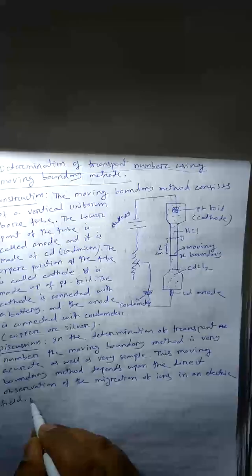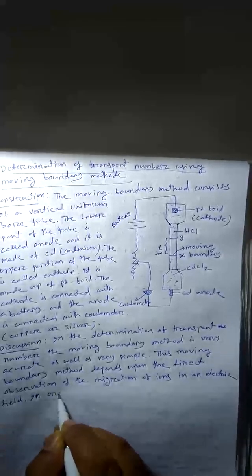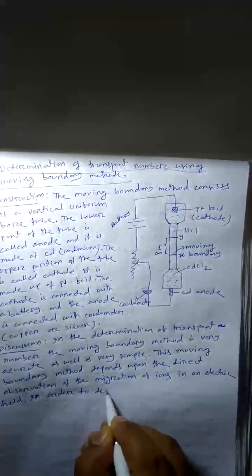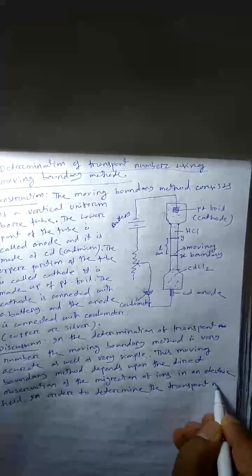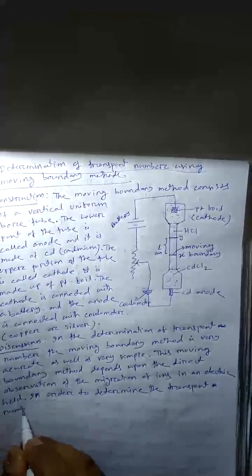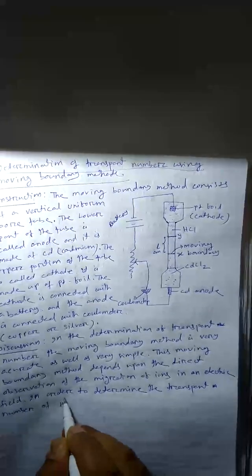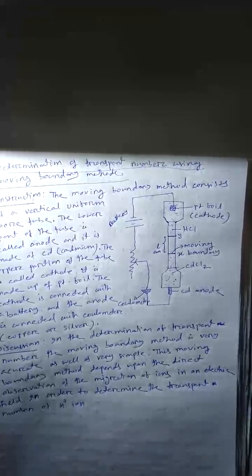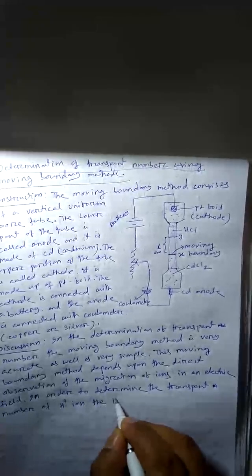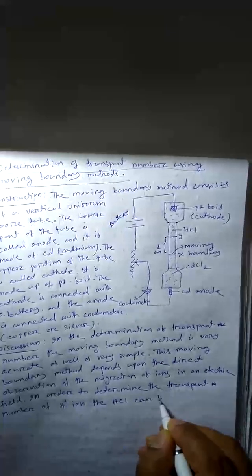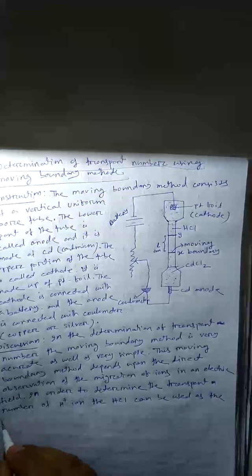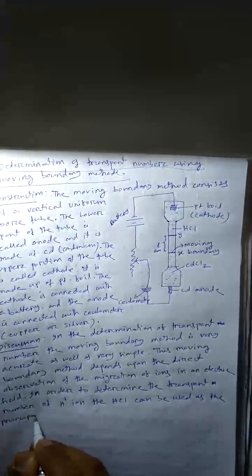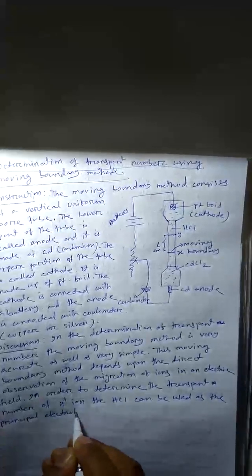In order to determine the transport number of the proton, the H plus ion, hydrochloric acid HCl can be used as the principal electrolyte.